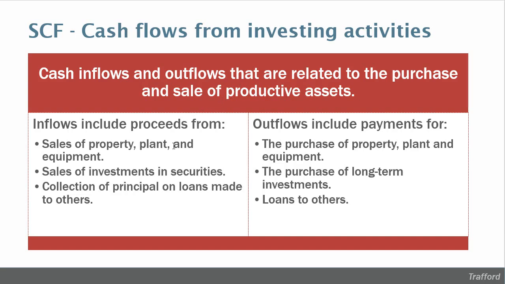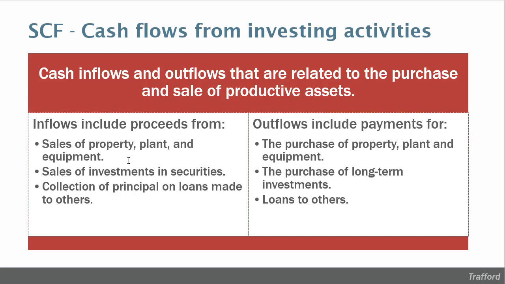Investing activities generally are related to purchases and sales of long-term assets to the extent they used cash. So the most common inflows that qualify as investing activities are when a company sells property, plant, and equipment type assets for cash. Similarly, if a company sells investments in stocks or bonds, those will generally qualify as investing activities.